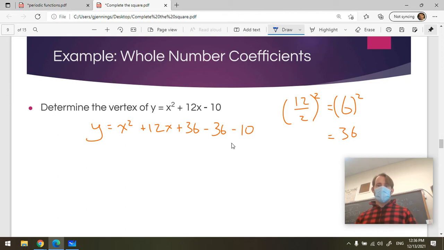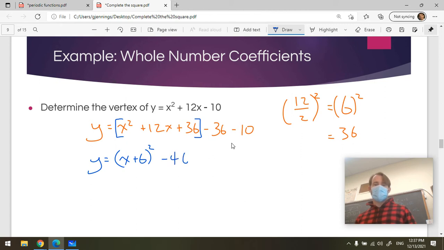So here, this one here, this is a perfect square trinomial. So let's factor it. Two numbers that multiply to 36 and add to 12, that's 6 and 6. It's a perfect square. So here, y is equal to (x plus 6) squared minus 36 minus 10, which is minus 46.